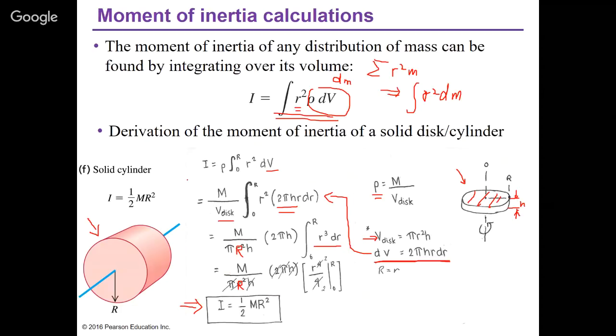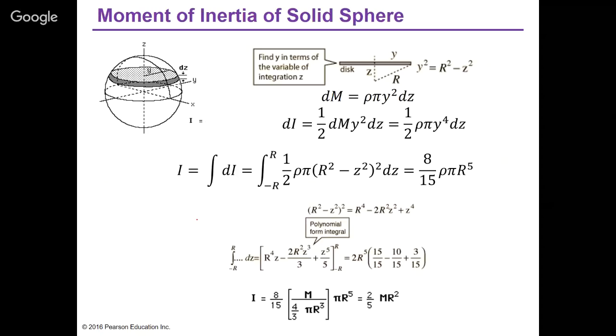Okay, that's basically how we derive what the moment of inertia of this cylinder is if the axis is lying in the center of the cylinder, along the center of the cylinder.